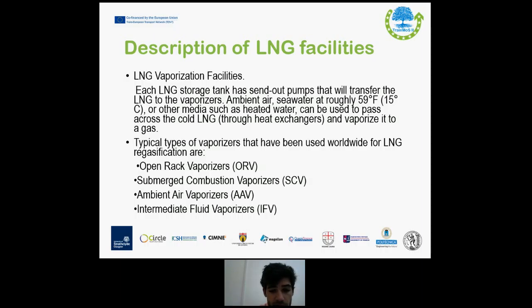Typical types of vaporizers that have been used worldwide for LNG regasification are open rack vaporizers, submerged combustion vaporizers, ambient air vaporizers, and finally intermediate fluid vaporizers.